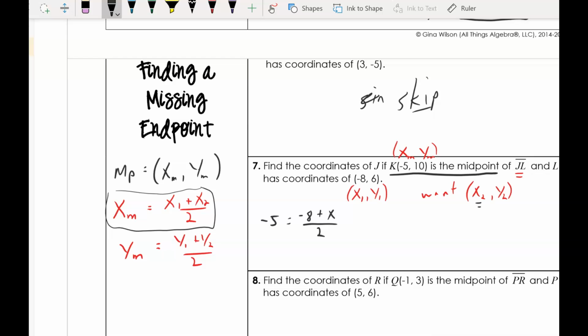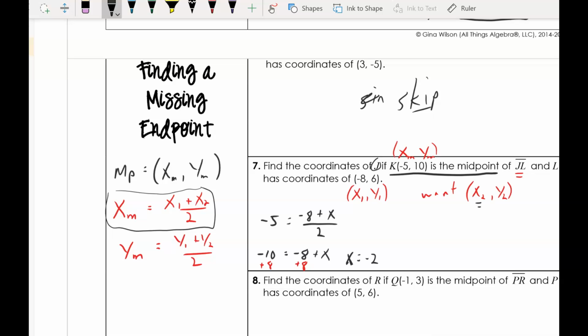So multiply both sides by 2, and we get -10 equals -8 plus x. Add 8 to both sides. So plus 8, plus 8. And we end up with x equals -2. There's the x-coordinate of the point that we're looking for. That's the x-coordinate of the other endpoint, J.